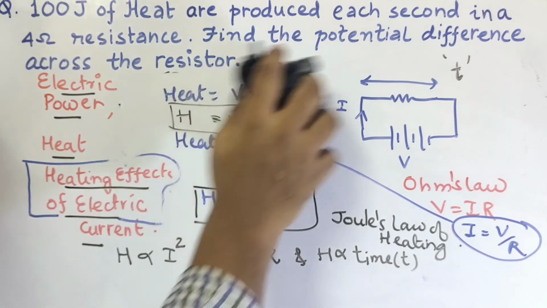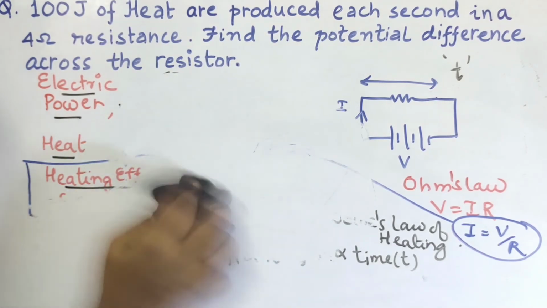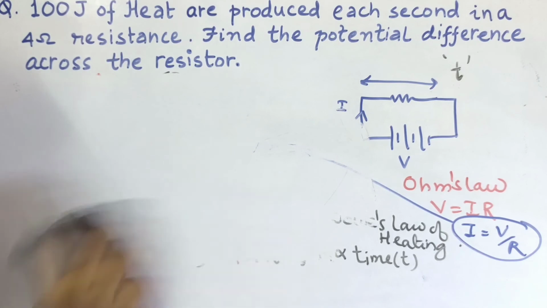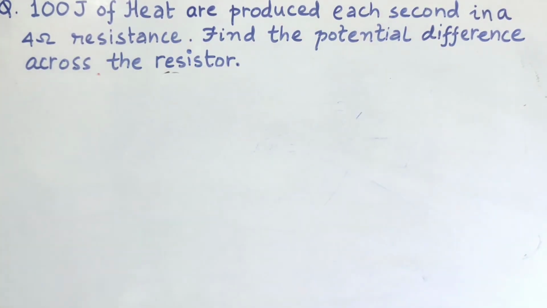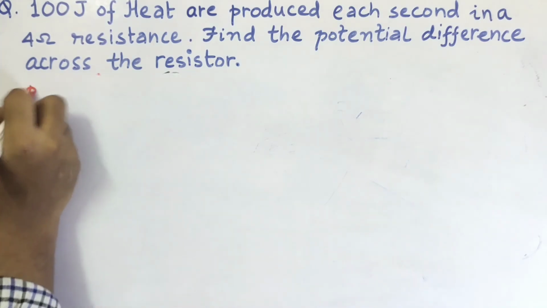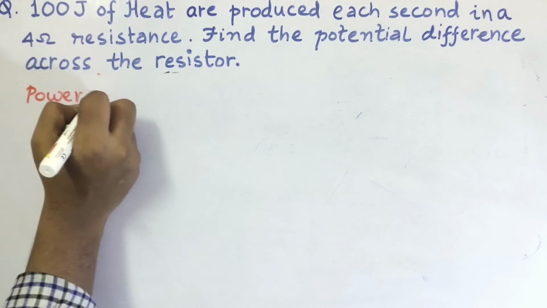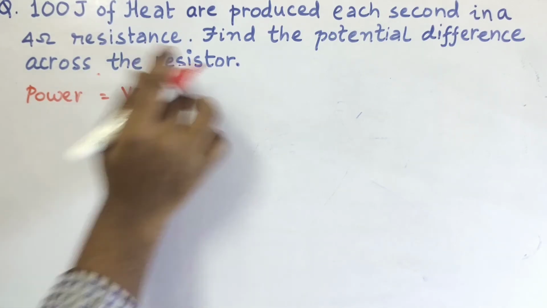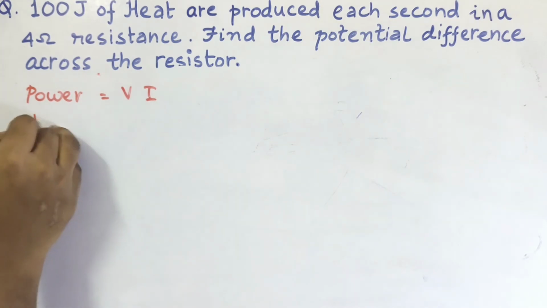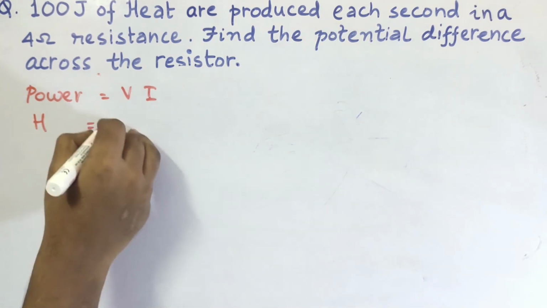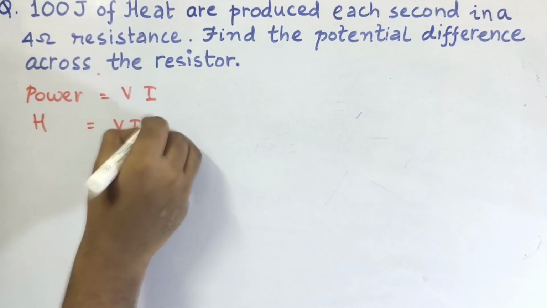So let me write the formulas on one side so that you can refer. For number one, the formula for power is V into I. Formula for heat is equal to VIT.